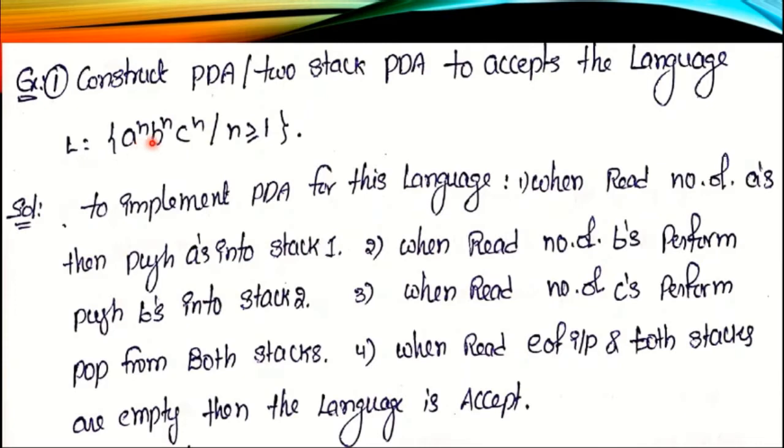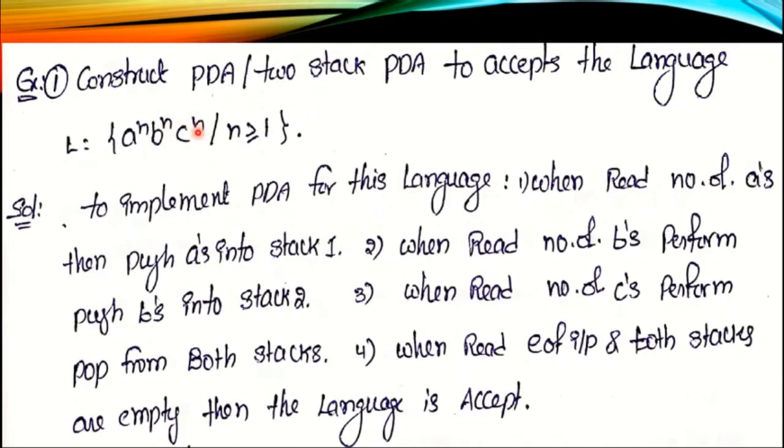That means with the help of a single stack PDA we can't build a pushdown automata for this particular language. So while implementing the two stack PDA for this language, when we read a number of A's, perform the push operation into stack 1. When we read a number of B's, we push the B's into stack 2.